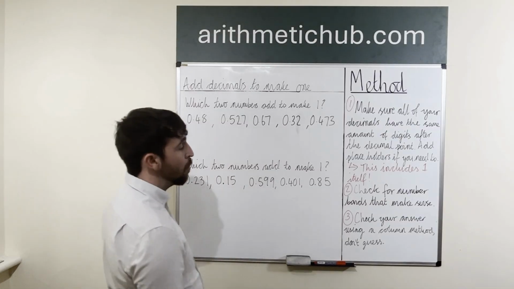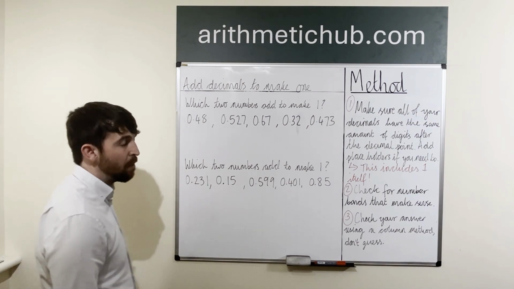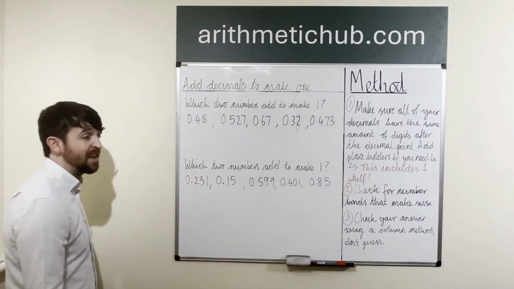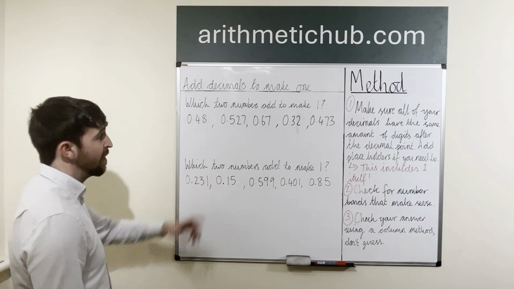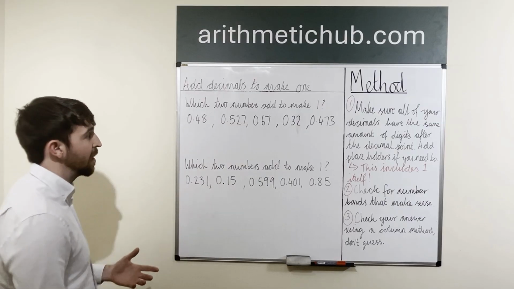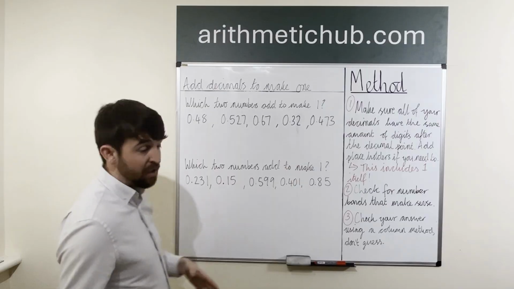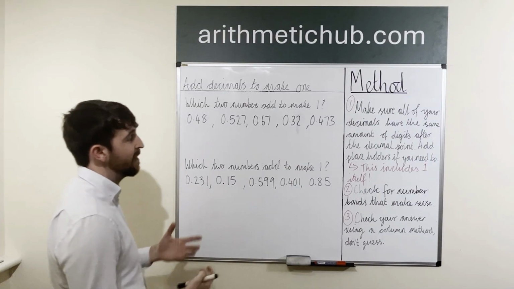Okay, so part 2 says, check for number bonds that make sense. Now, you've probably been doing number bonds since you were in year 1, particularly number bonds to 10. So what we should be able to do is say, right, this 7 and 3 is a good start because they would go together really well. This 8 and this 2 is another great number bond that would go together to make a number that's going to end in 0.